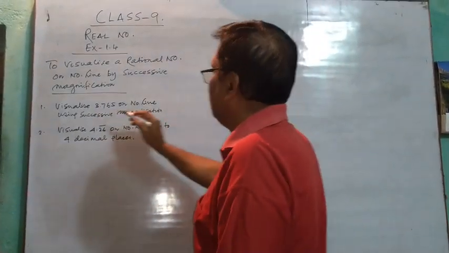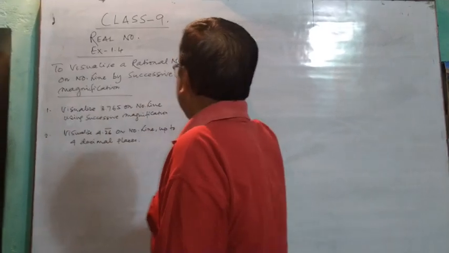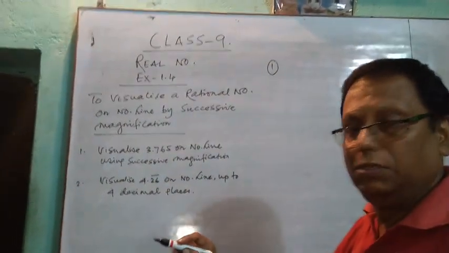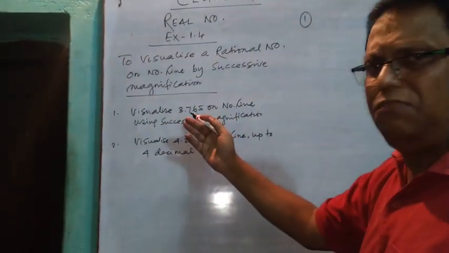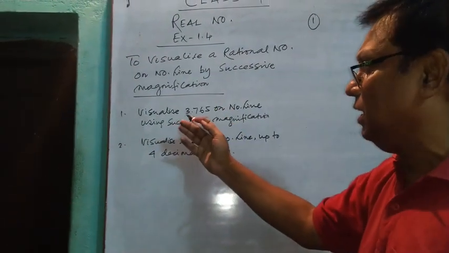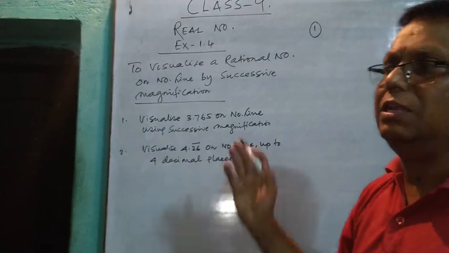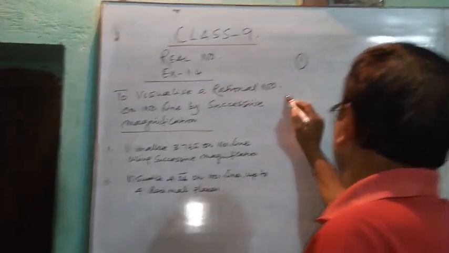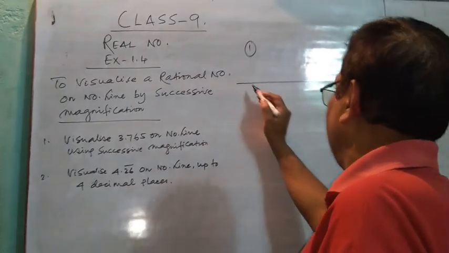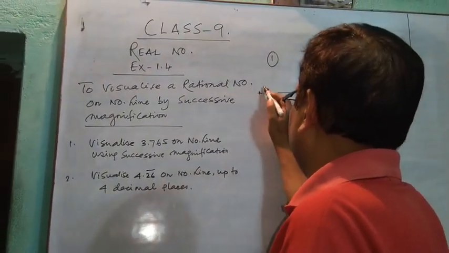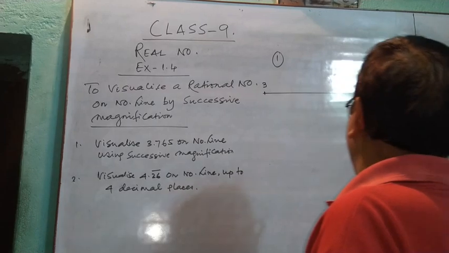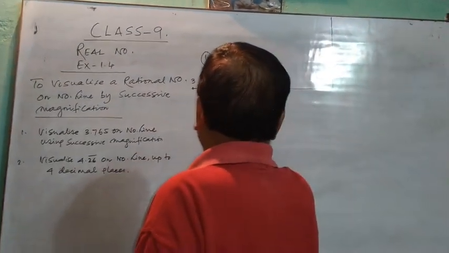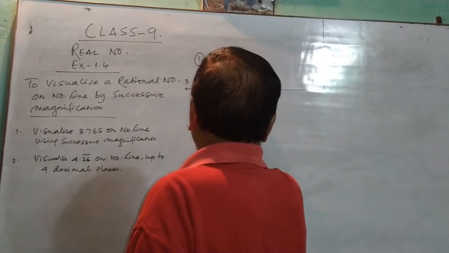The given number is 3.765. Very clearly, the given number is more than 3 and less than 4 on the number line. So, we are drawing the number line like this. Say this one is 3 and this one is 4. This one is 5.